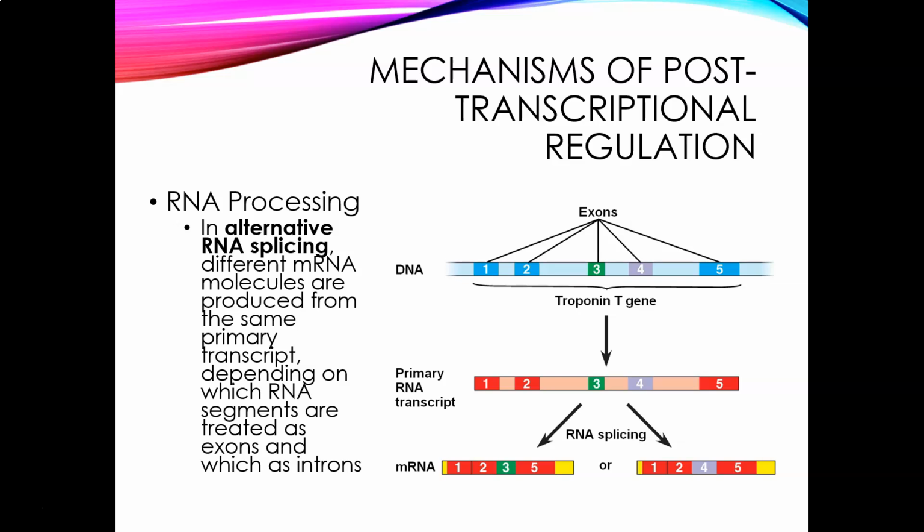We also have the introns and exons that need to be spliced out and ligated back together. So remember, those exons are the expressed parts. Those are the components that will ultimately be containing information to make amino acid sequences. The introns are those interrupting sequences that have to get removed.